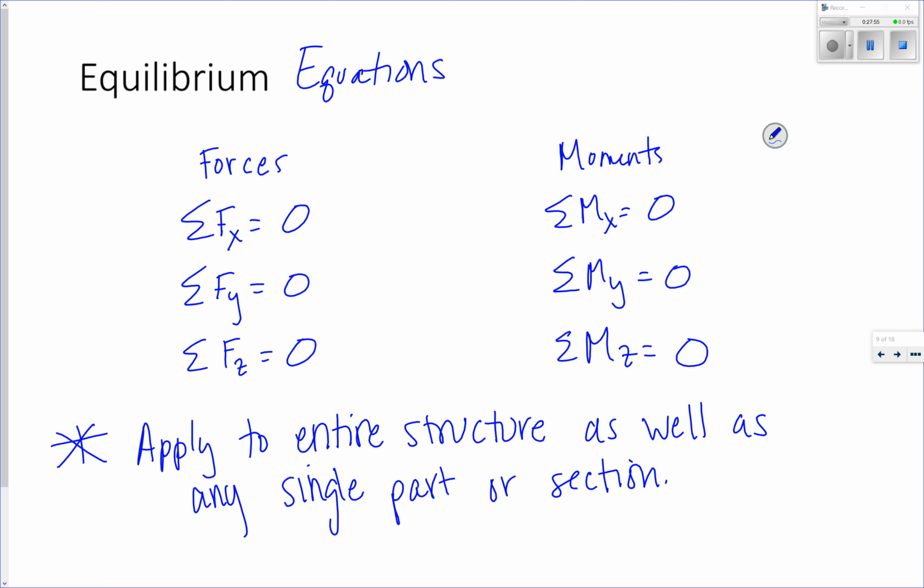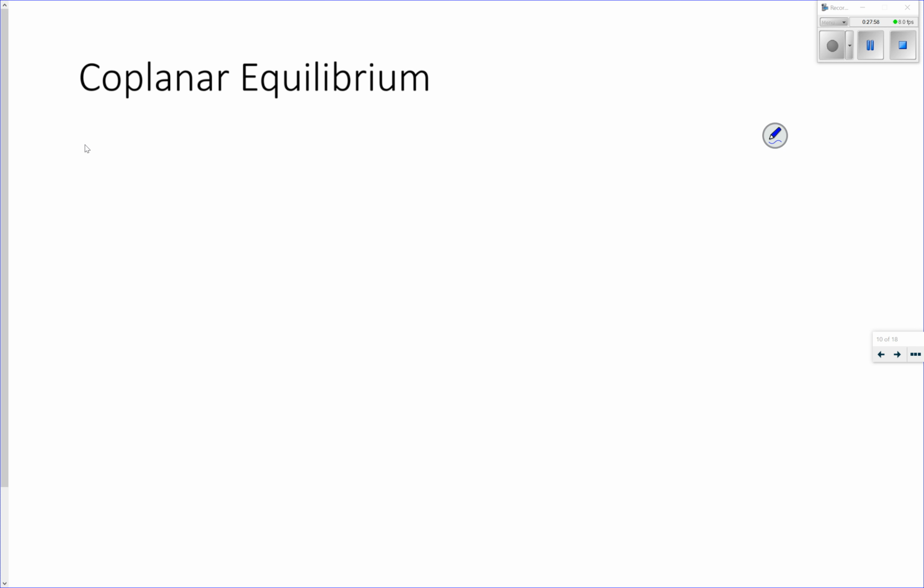So if we have a coplanar structure, we can have coplanar equilibrium. Coplanar meaning we're in 2D, so we're on a piece of paper. We're not out in space. Our entire structure is in the same plane.